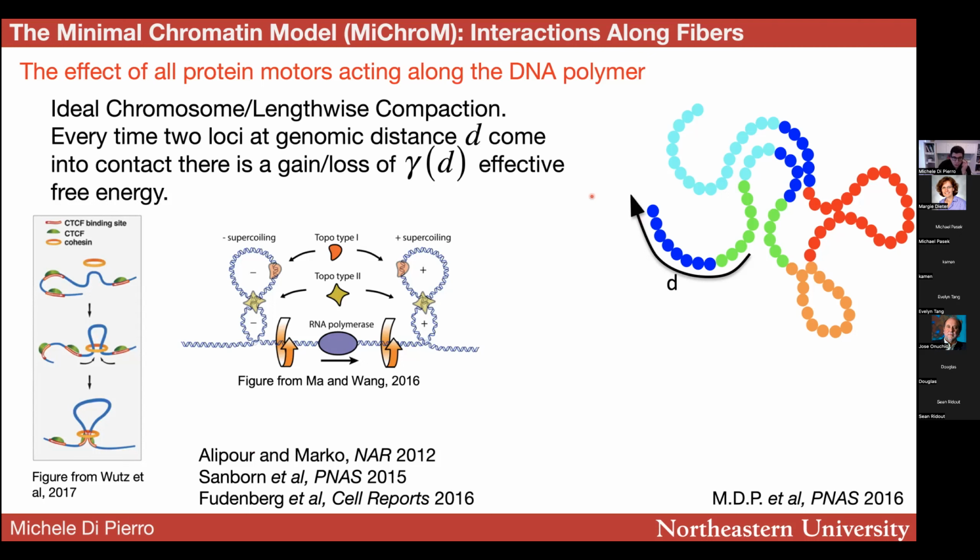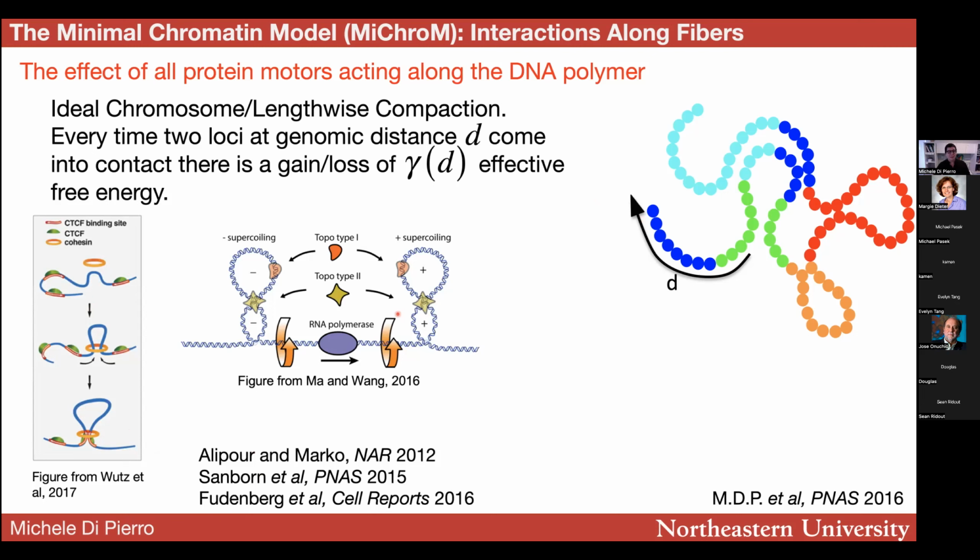And in DNA extrusion, we have ring-shaped protein complexes that dock over DNA and extrude loops that are larger. And there are also other proteins that act on the DNA polymer. We have topoisomerases, we have RNA polymerase, and possibly other unknown motor activity.